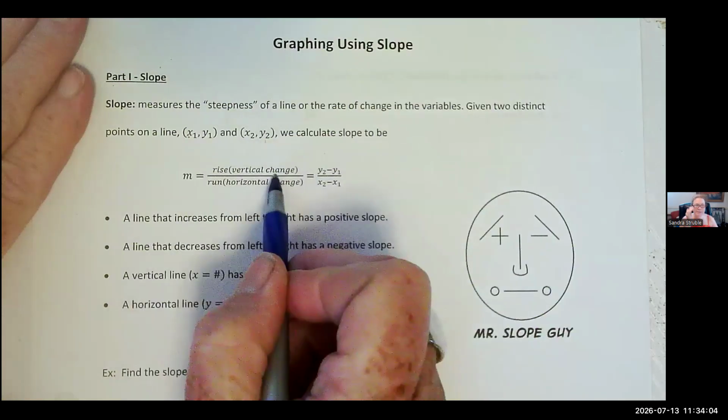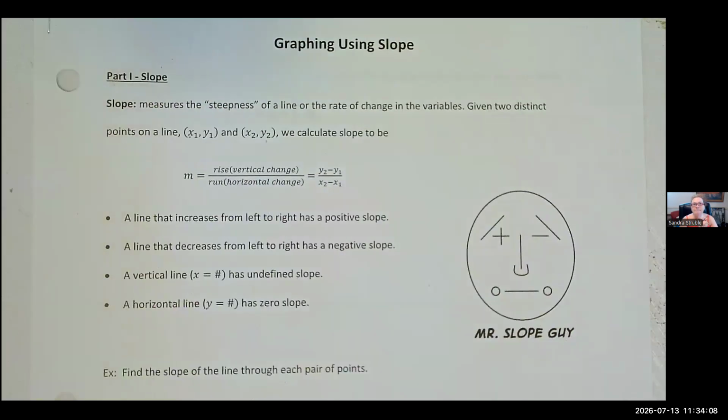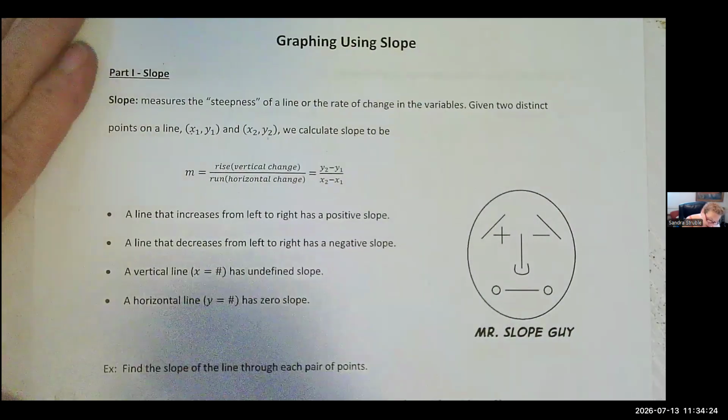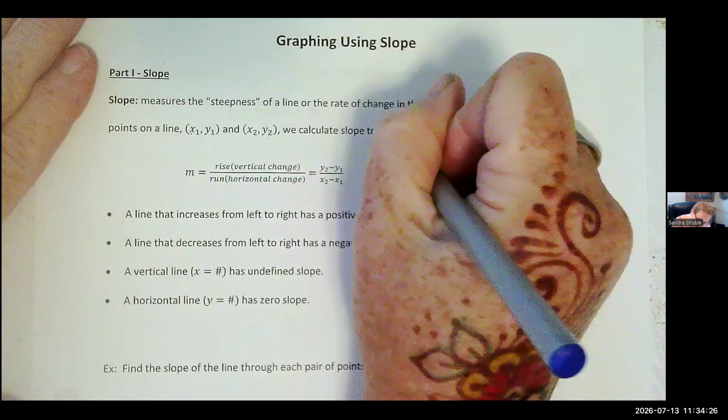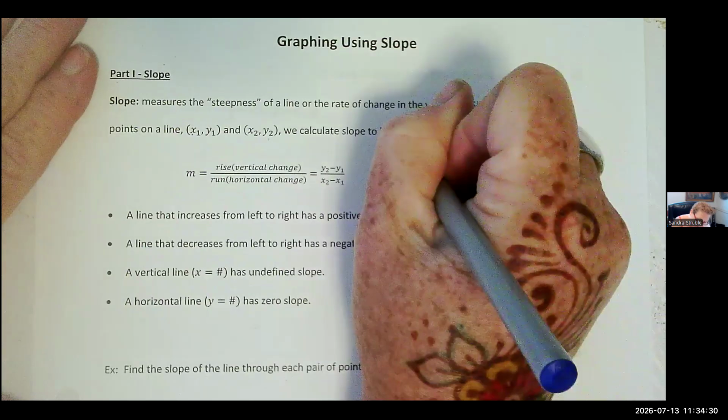Here's the thing that students mess up so much: if you don't designate which point is point 1 and which point is point 2, your slope will be wrong. And usually it's off by a negative. Sometimes it's even more than that. So when you are labeling 2 of your points, let's just say that we've got (2, 3) and (4, 5).